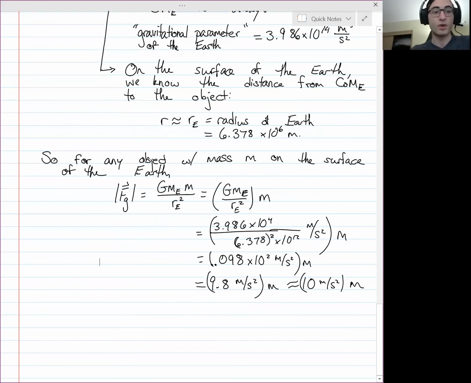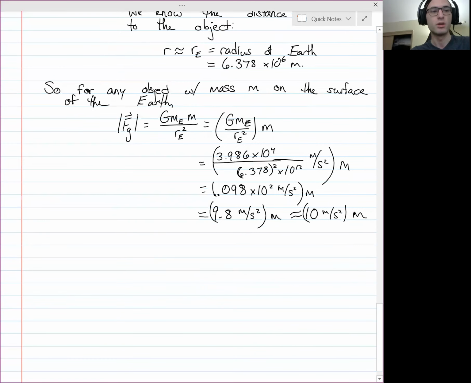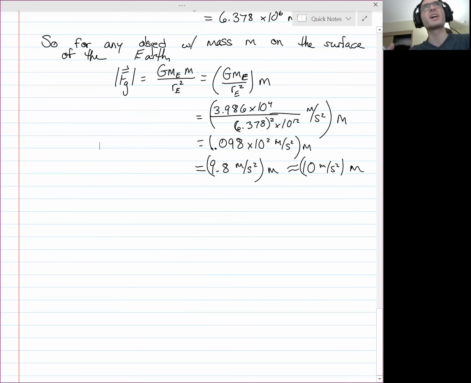And the answer is, of course, yes, that is true. So let's just see what kind of an effect that might have. Let's suppose you throw a cannonball up 10 kilometers.